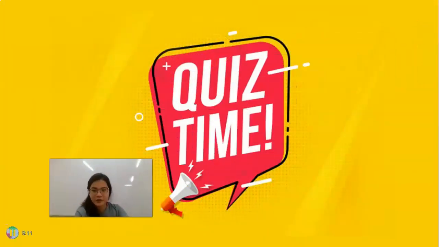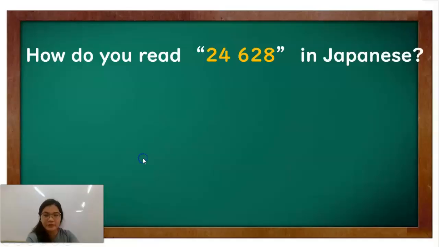So here's our first question. How do you read 24,628 in Japanese?